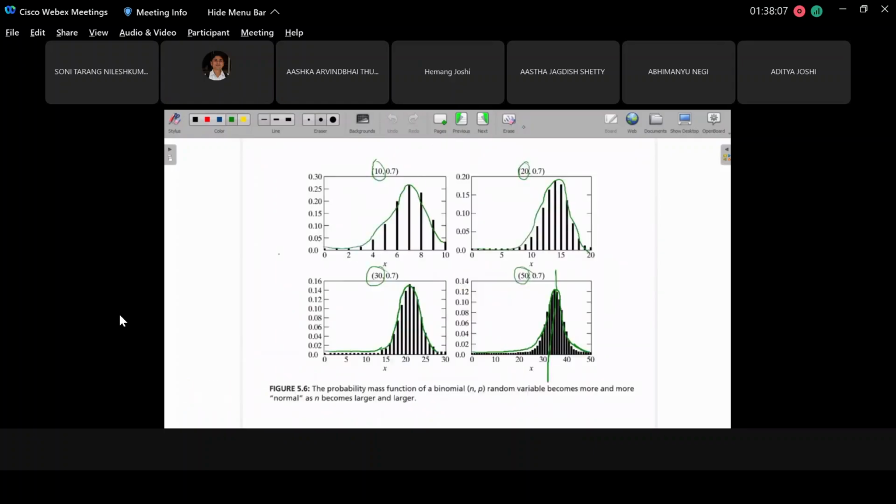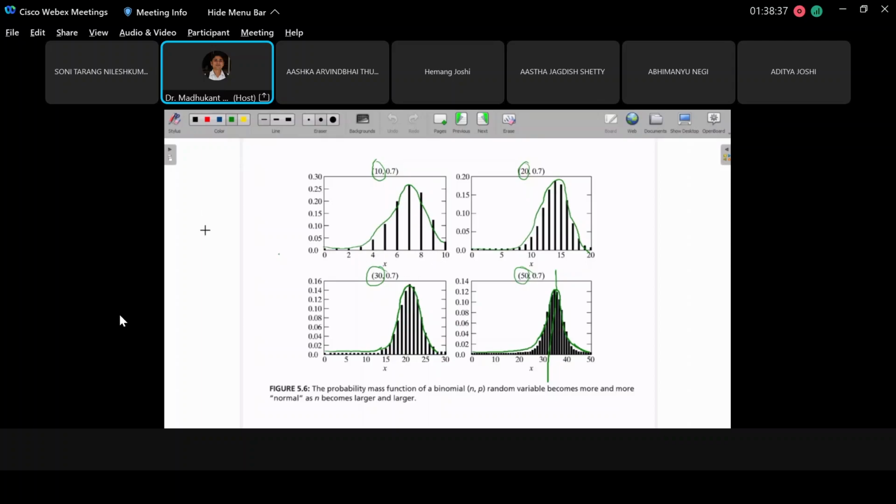Here is the plot that de Moivre observed. You can see he has performed 10 random experiments, and he has plotted the chance of how many successes he got. This is 0 to 10; 10 times he tossed the coin.